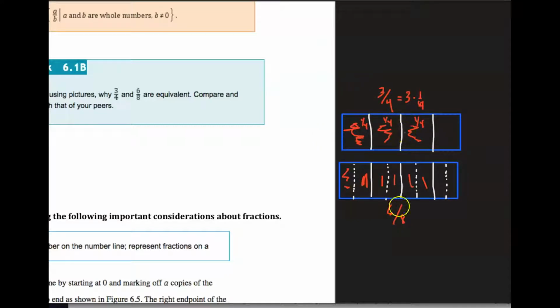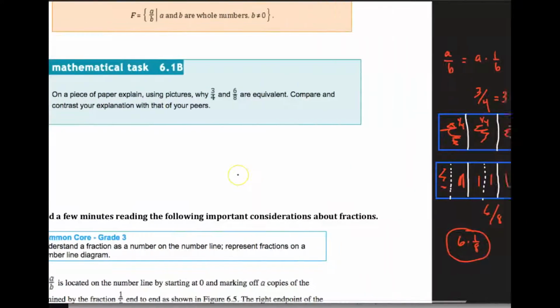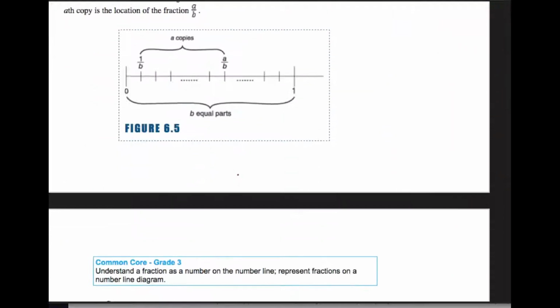So 3/4 is 3 groups of 1/4, and that's that idea of a over b being 1 over b, a times. Same thing here. Here's 6/8, but someone can also say, oh, I see 6 groups of 1/8. So it becomes important to realize that that's what a fraction is as we look at that.